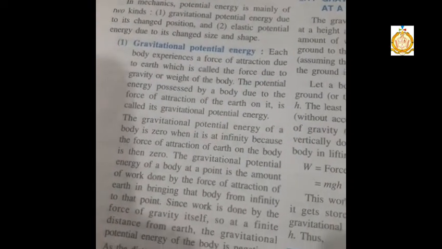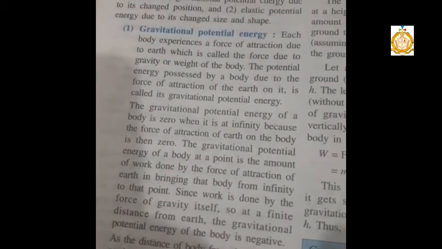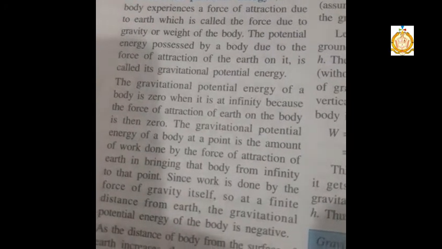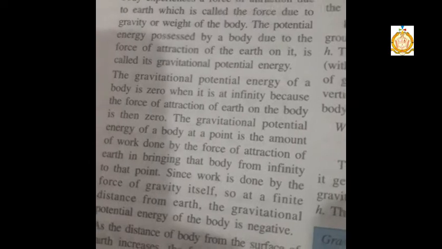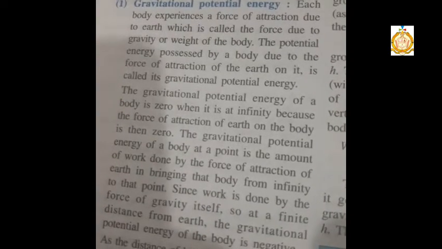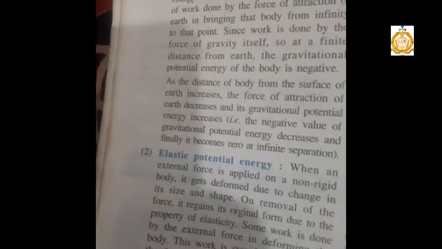Number one is gravitational potential energy. You know, when we throw any body or any material upward, it comes down. Why? Because of the gravitational force, and that is the gravitational potential energy. Second one is elastic potential energy.